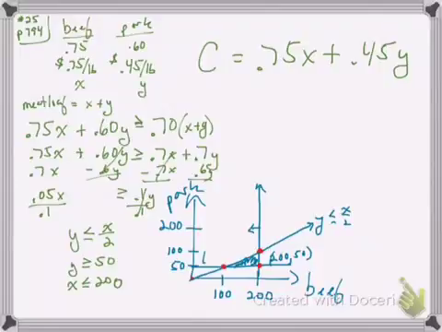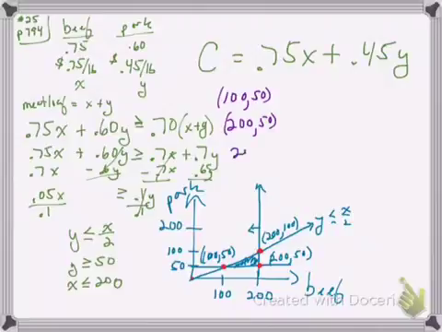So if our x is 100 there, it makes sense that the y is 50. And if the x is 200 here, it makes sense that the y is 100. So there are our 3 points. Let's try them out. We have 100, 50, then 200, 50, and then 200, 100.